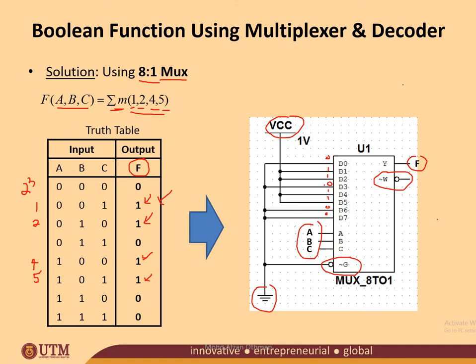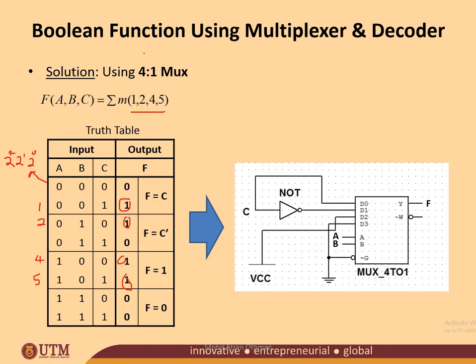So it's nice that you already have 8 possible input combinations to be considered. But what if you suddenly need to do some cost saving? You still have 3 inputs, but you are now limited to a 4 to 1 multiplexer. It means you need to use a chip with smaller input combinations.